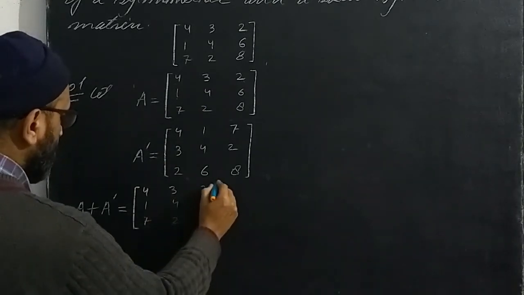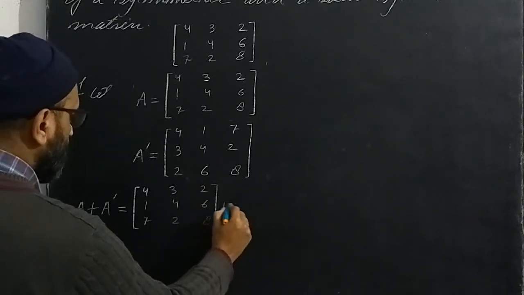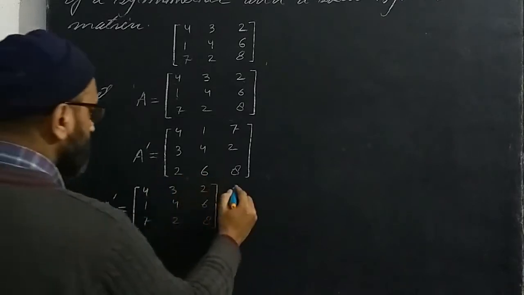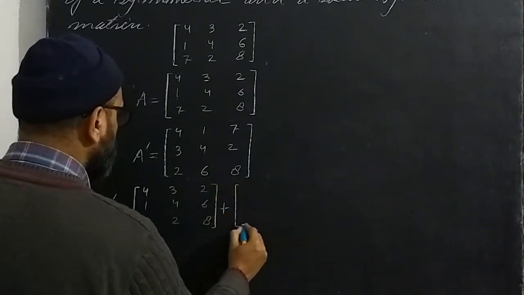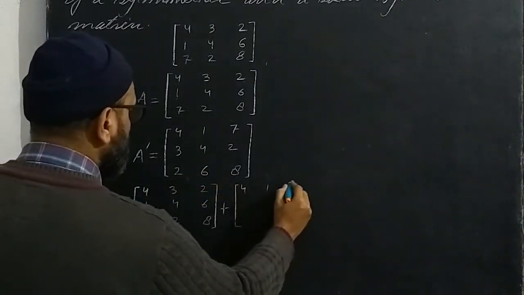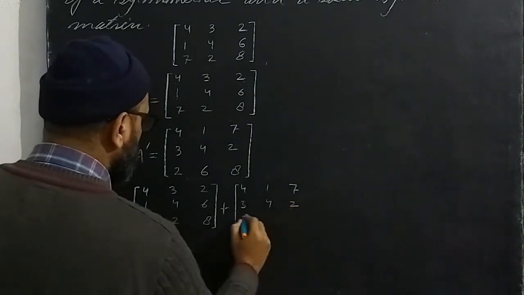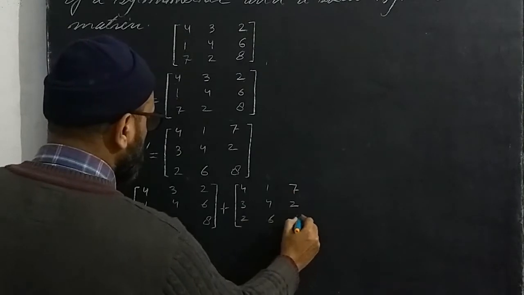This is A, and we have to add A dash, so A dash is this. So we write matrix 4, 1, 7, 3, 4, 2, 2, 6, 8.